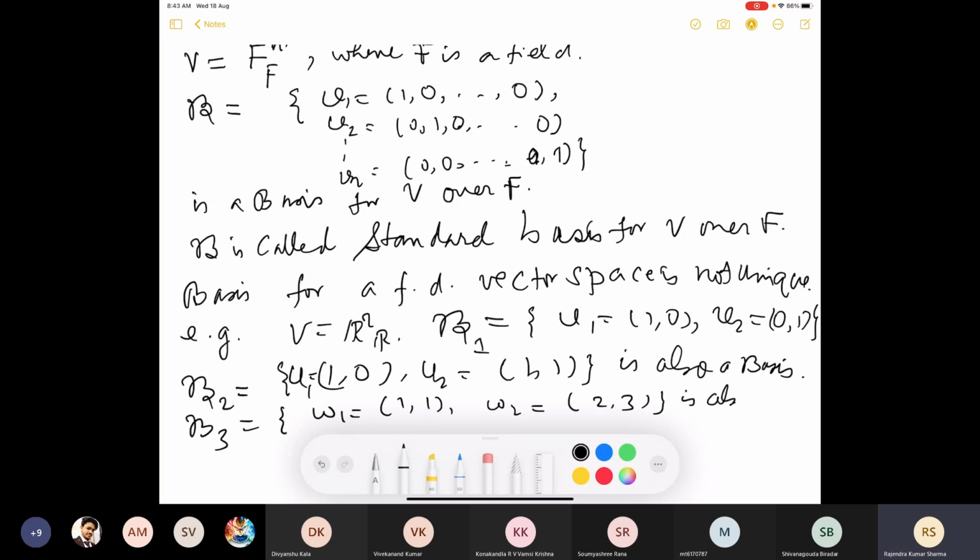This is also a basis. You can prove that W1, W2 are linearly independent, and also that W1 and W2 span the full vector space V over F.